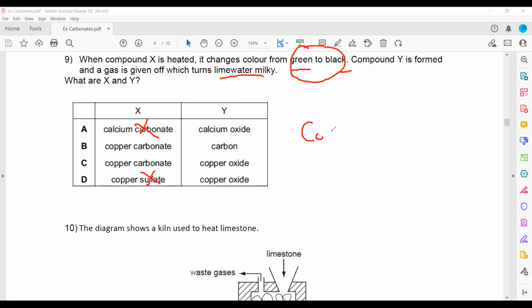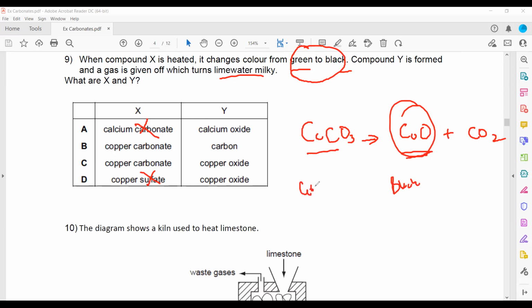If we have copper carbonate and we supply heat energy, what is the thermal decomposition of copper carbonate? It gives copper oxide and carbon dioxide. This copper oxide is black in color, and copper carbonate is green in color.